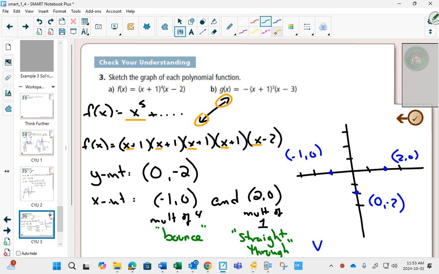Just to remind myself what has to happen at those. Can I draw a nice smooth curve through all of those points following these rules starting down here? Okay? The bounce has to be nice and round, straight through. Looks like that.